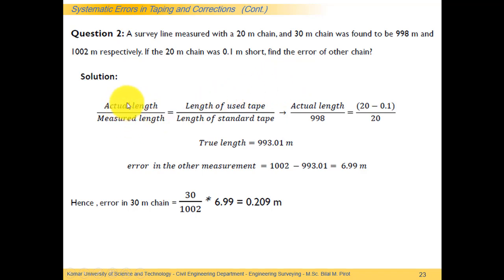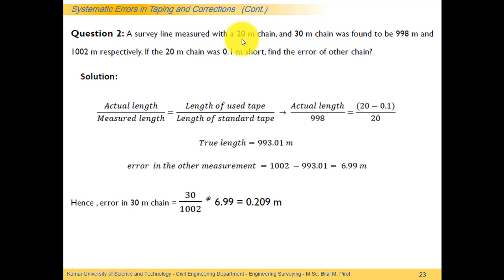So first of all, we will use this formula for the first tape. Actual length divided by measured length. Actual length is not known. Measured length 998 equals the length of the used tape. The standard tape is 20 meters. We are talking about the first tape.